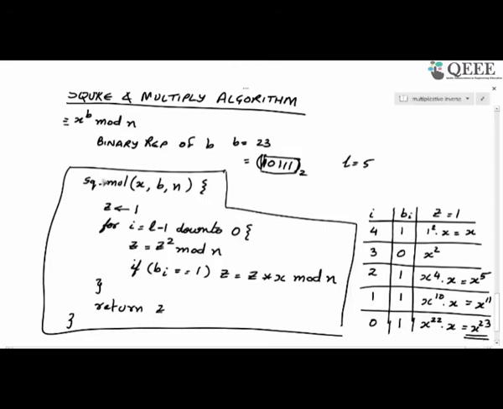So you see that after running through this particular square and multiply algorithm, for an input x, you get an output z, which is x to the power of b mod n. And you see that this running time is just as long as the length of the exponent b, and it's much more feasible to do.